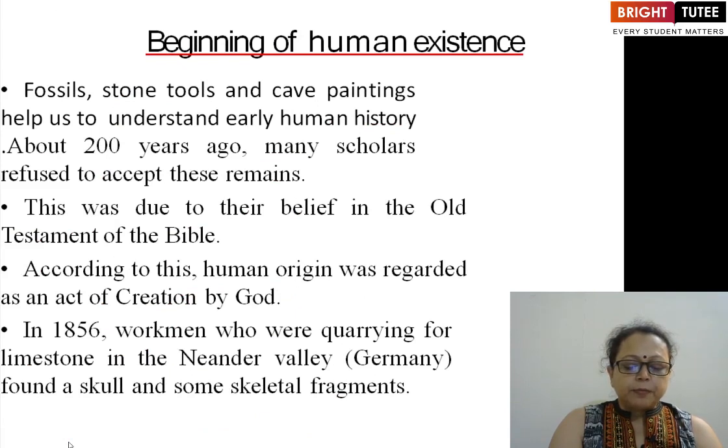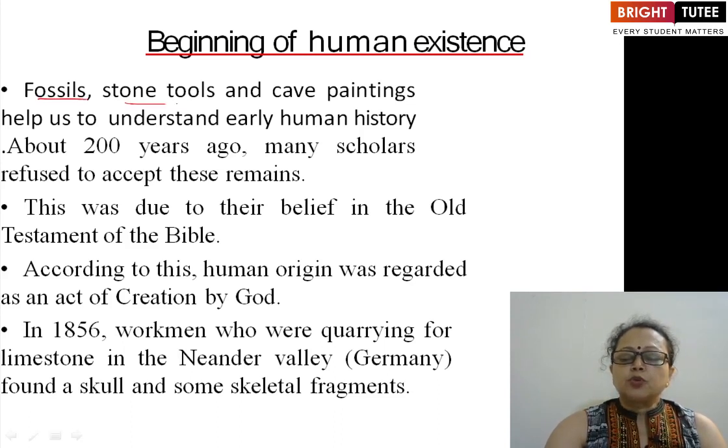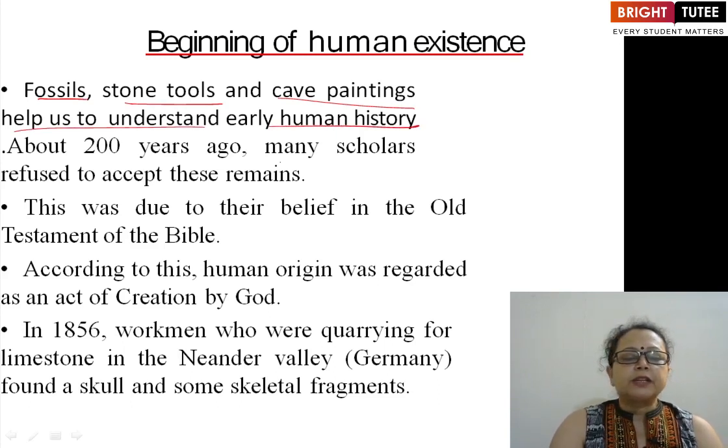This is about the beginning of the human existence. These are some additional information given for the better understanding of the chapter. Fossils, stone tools, and cave paintings help us to understand early human history. About 200 years ago, many scholars refused to accept these remains.